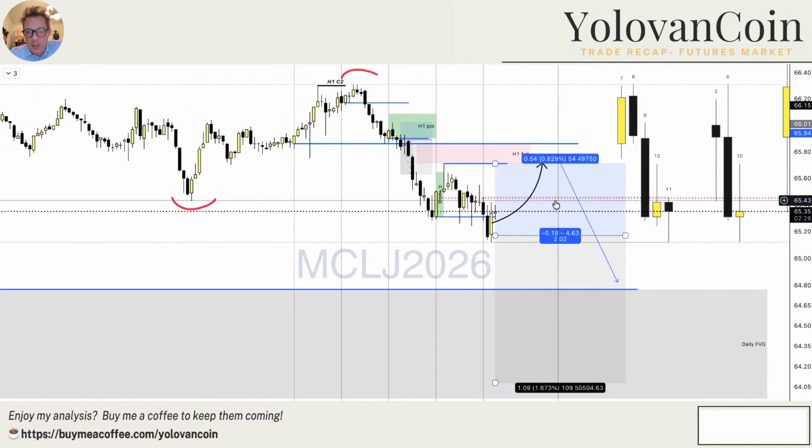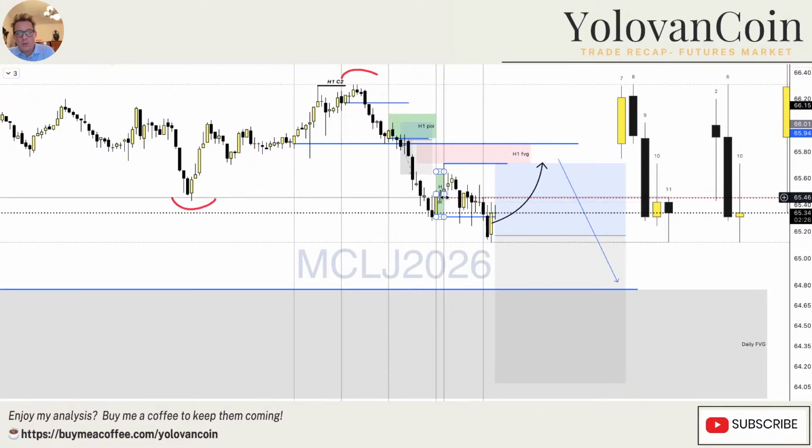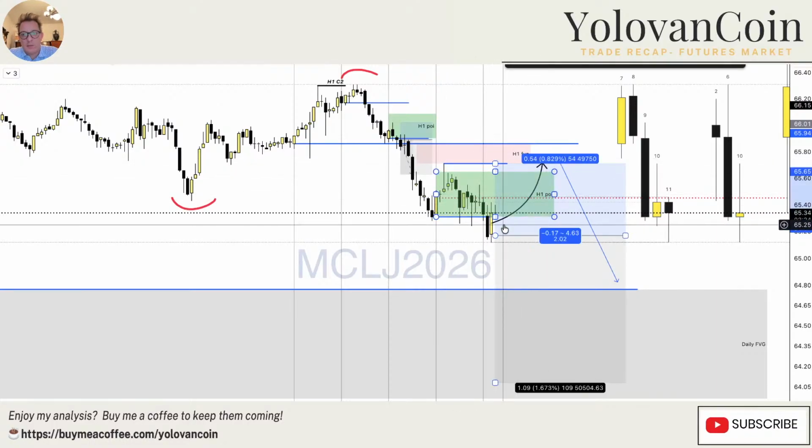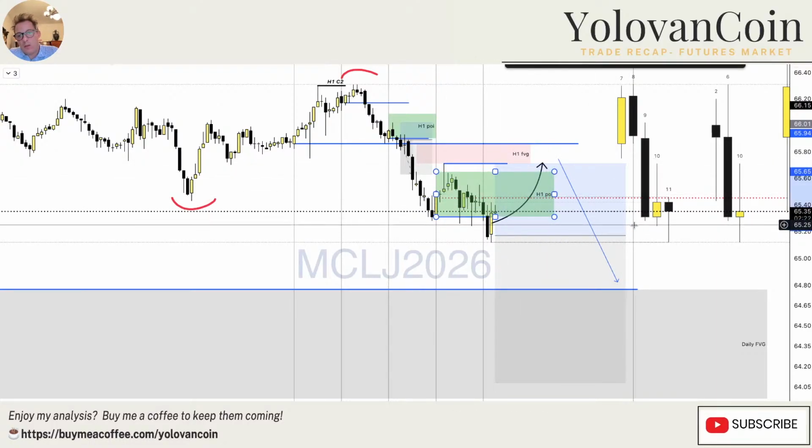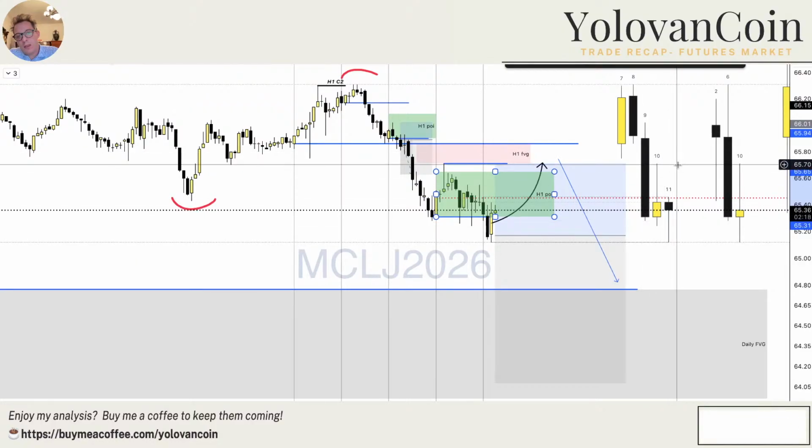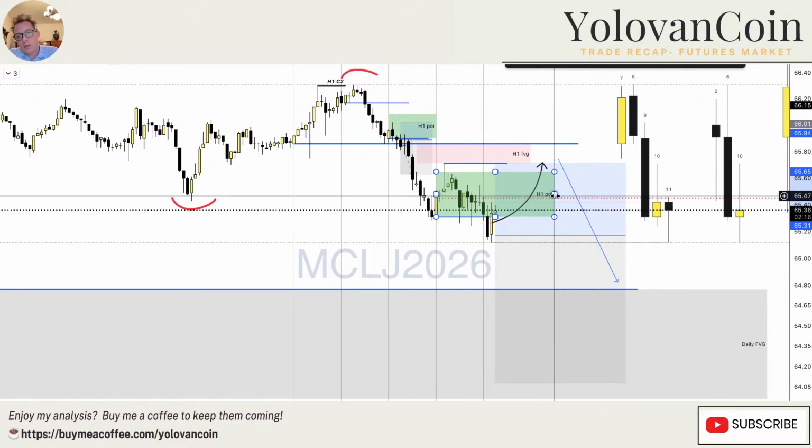Based on the H1, looks nice because it already took out the longs, they are not valid anymore, I guess.